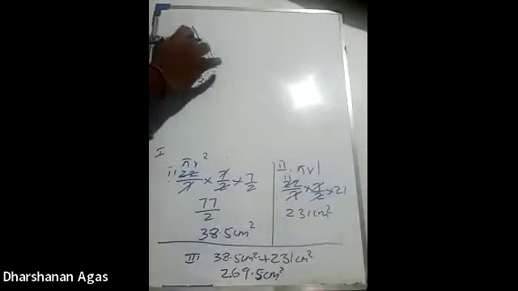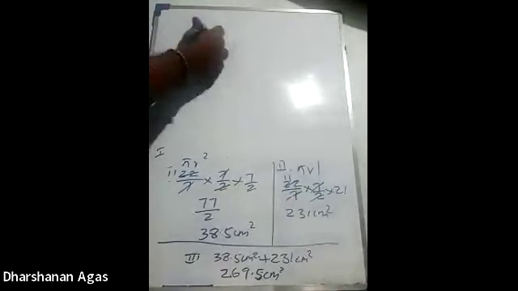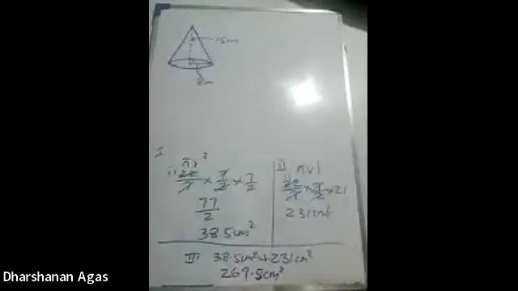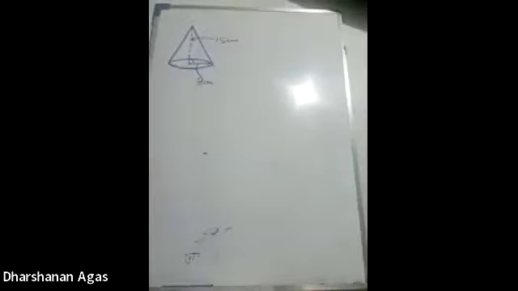Now I am giving the perpendicular height of the cone, 15 centimeter. Draw this diagram for the second example. Base radius 8 centimeter, and the perpendicular height of the cone, not the slant height, the perpendicular height.